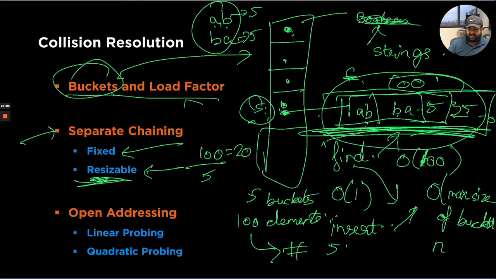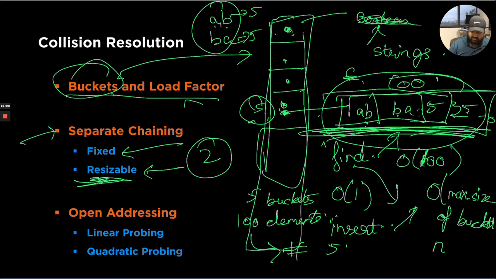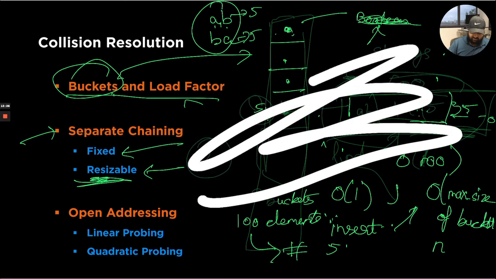That analysis is given in the book, but essentially, if we cap the load factor to, say, 2, any arbitrary value, we double the size of the buckets after we have reached a certain load factor. So I'll represent this once again.